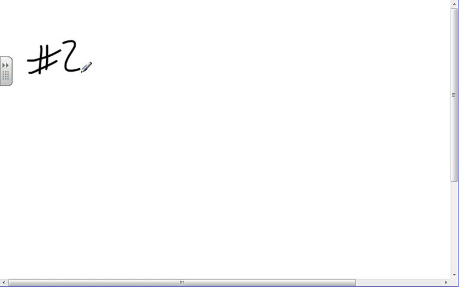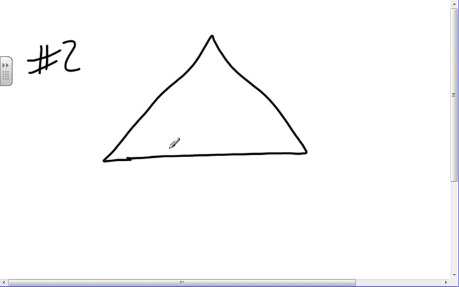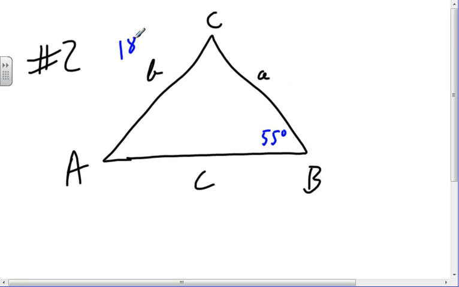Number 2. Okay, so I got this triangle with sides and angles A, B, C. This is 55 degrees, 182, and 203.